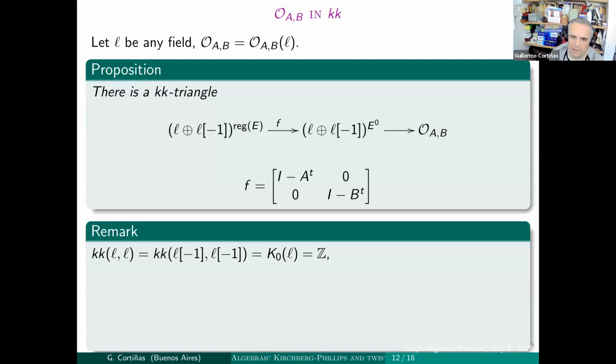But the off-diagonal 0 terms can be 0, of course, but they are not the most general morphism that can be, because kk of L minus 1, L is L star, the multiplicative group of L, right?